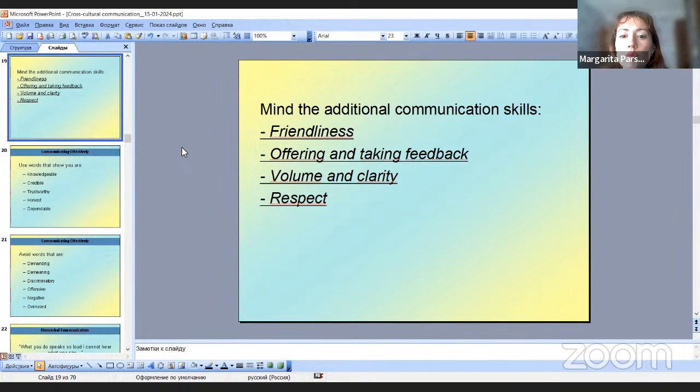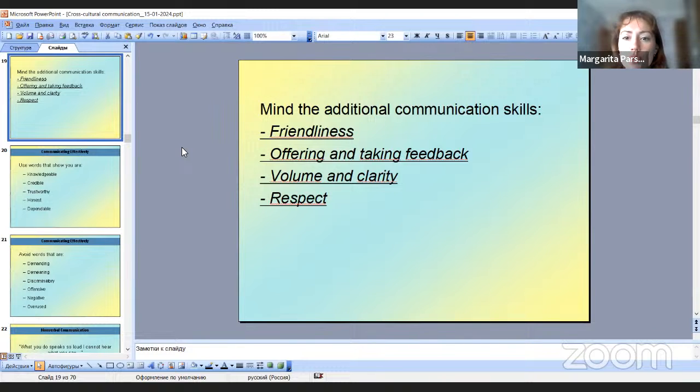Then volume and clarity. Volume of voice can make a person not understandable; some people are very shy and don't speak loud enough to be heard. But it's also bad when a person speaks too loud, so your tone should be balanced in volume.